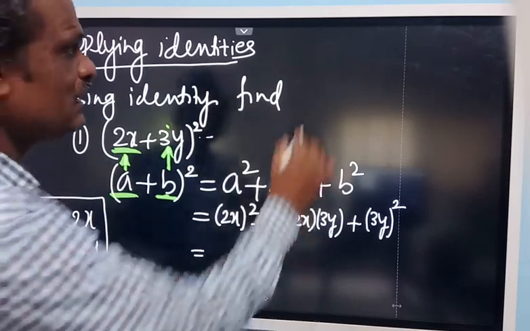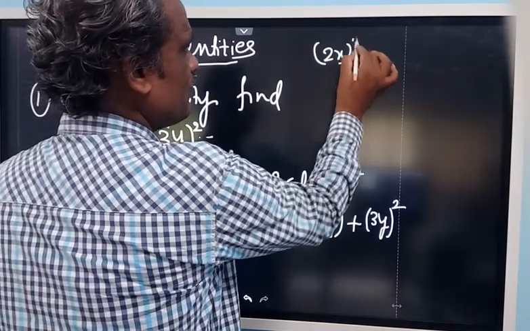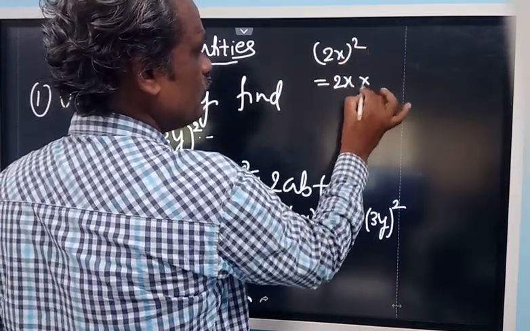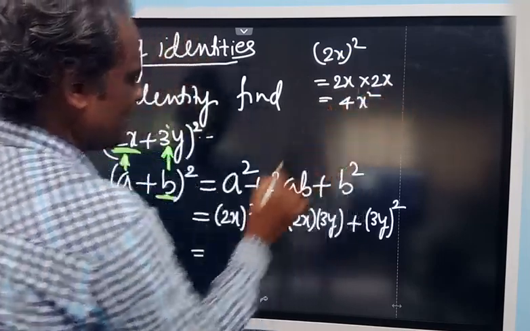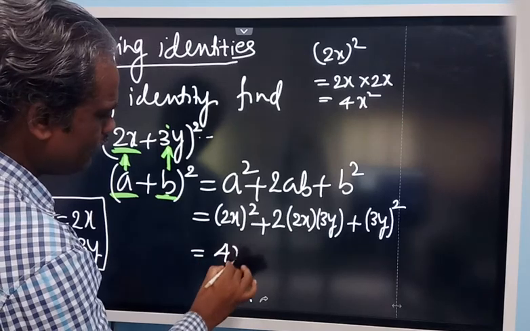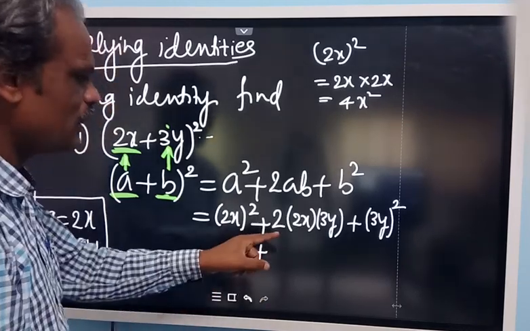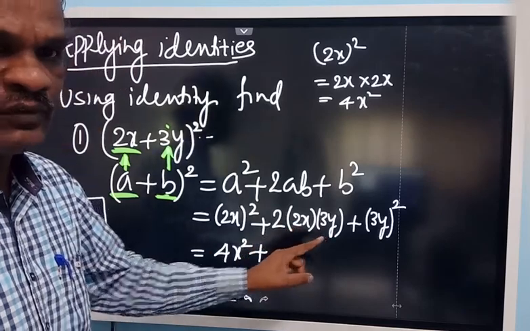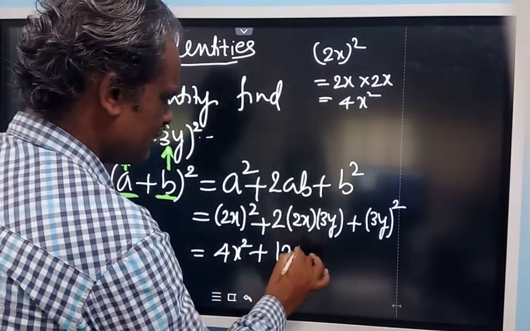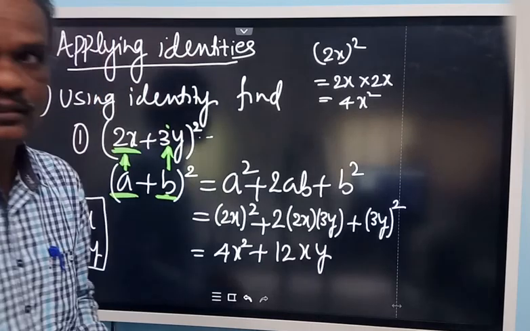So let us simplify this one. (2x) whole squared means 2x into 2x. So what is the answer? 2 2s are 4, x into x, x squared. You can write here 4x squared. Now you multiply this one. Numbers you multiply first. 2 2s are 4, 4 3s are 12. Plus 12, x into y, xy.